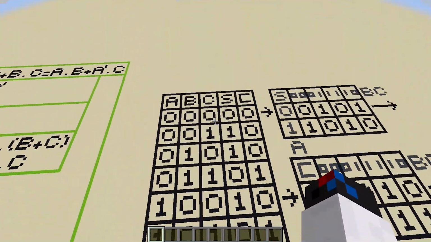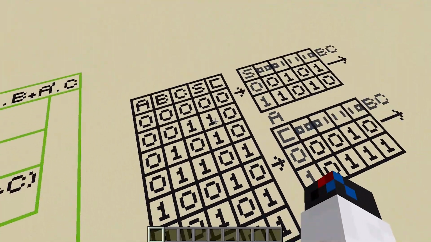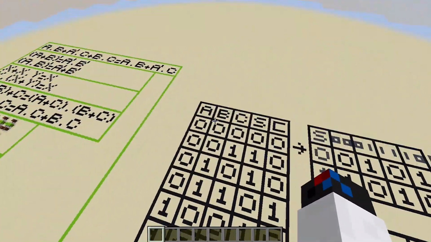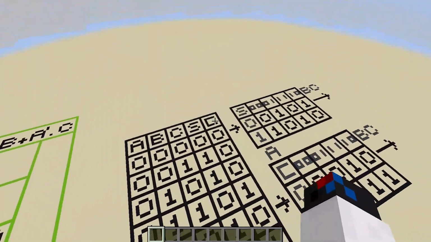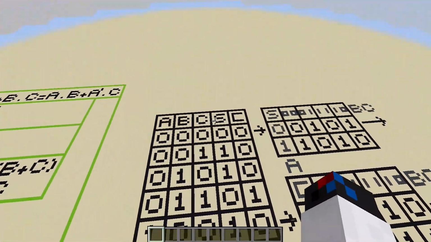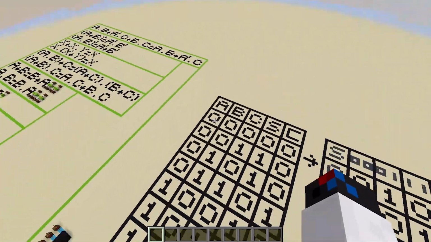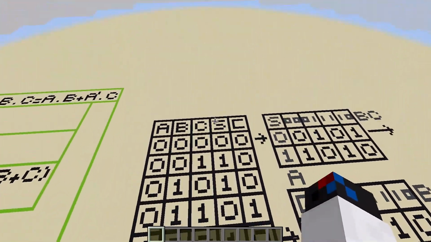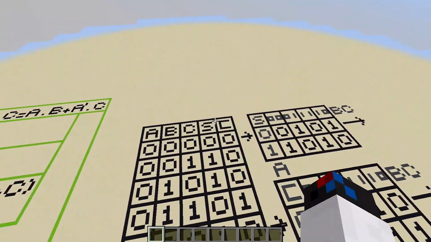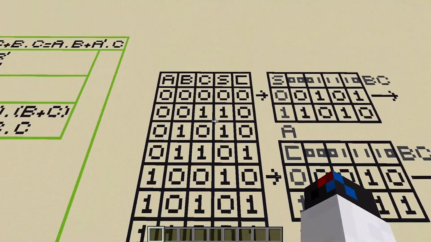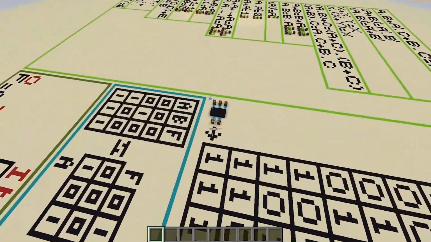Again, in order to make a truth table, you need to first analyze all of the inputs and then also analyze all of the outputs, and then you need to see the relationship between the outputs and the inputs. Now over here we have two functions, S and carry out, which are the outputs of the full adder.